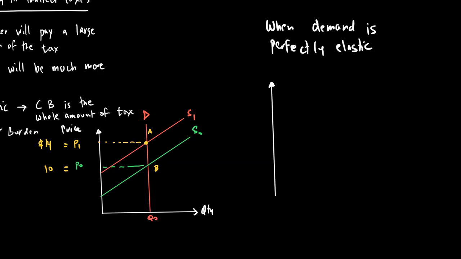So the consumer can switch to any other substitute because the substitutes are so many in the market and all of them are completely identical. So there's no brand loyalty per se in this market for any producer. So the producer's position in this is weak.